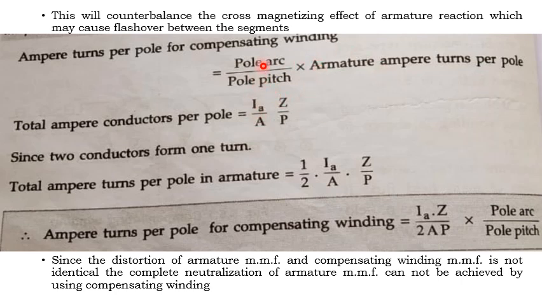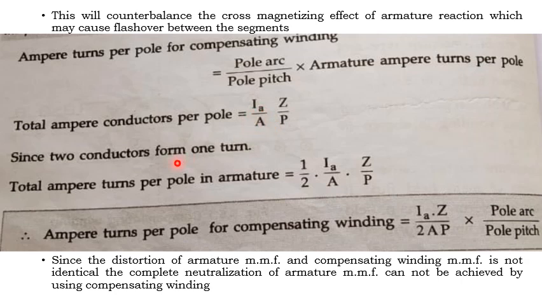Now the ampere turns per pole for compensating winding, in general, we can represent like this: pole arc divided by pole pitch into armature ampere turns per pole. Here we can represent total ampere conductors per pole, that is IA divided by A, Z divided by P. IA is the armature current, Z is the total number of conductors, P is the number of poles, and A is the number of parallel paths.